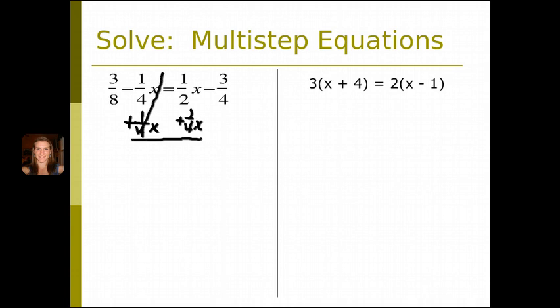Leaving us with 3/8 equals 1/2 x plus 1/4 x gives us 3/4 x minus 3/4. Again, we can't do anything with the term with the variable until the very end. So we need to undo the subtraction. To do that, we're going to add 3/4 to both sides.